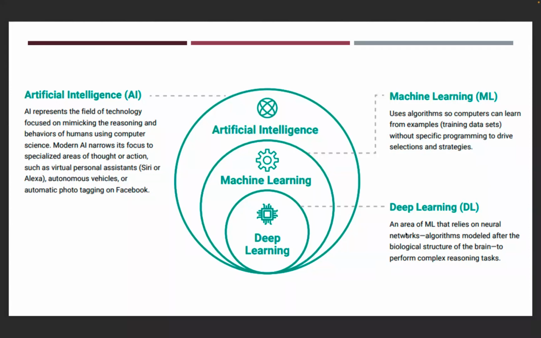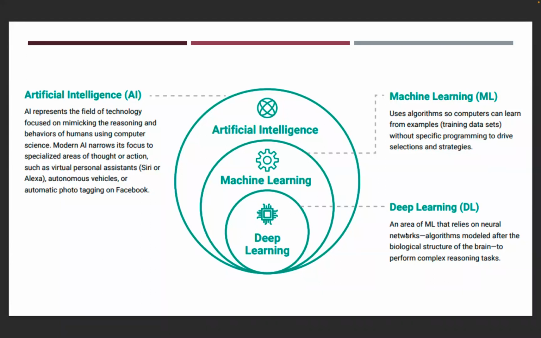The next question is, how are these systems created? For that, we have two approaches. One is machine learning and the other is deep learning. With the help of these algorithms and the data that we provide, the system learns more about the data and works accordingly.